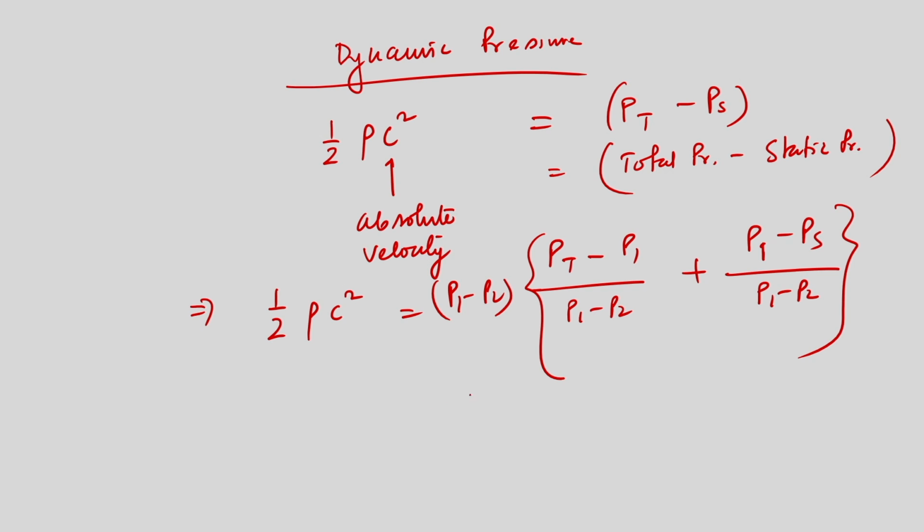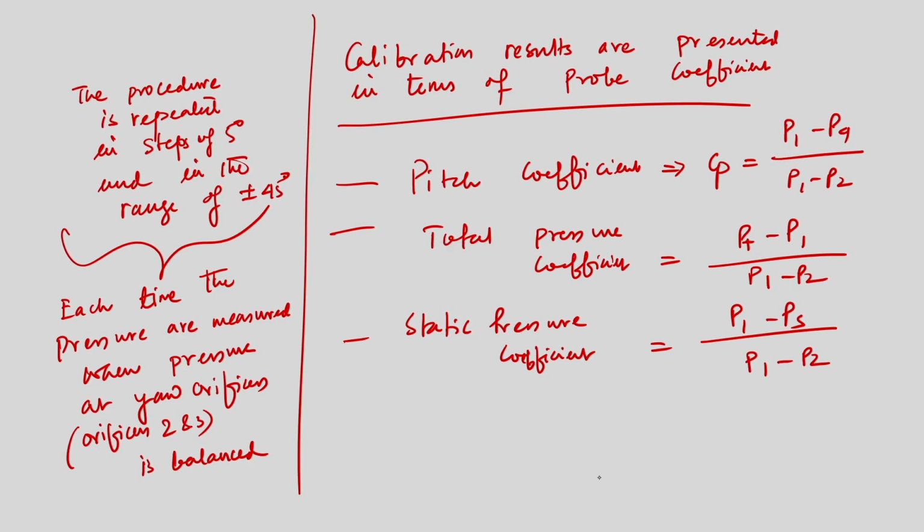So, half rho c square, or I can write c square, will be equal to, we have defined Pt minus P1 divided by P1 minus P2 in the previous slide, and that is defined by the total pressure coefficient Ct, and this is the static pressure coefficient Cs.